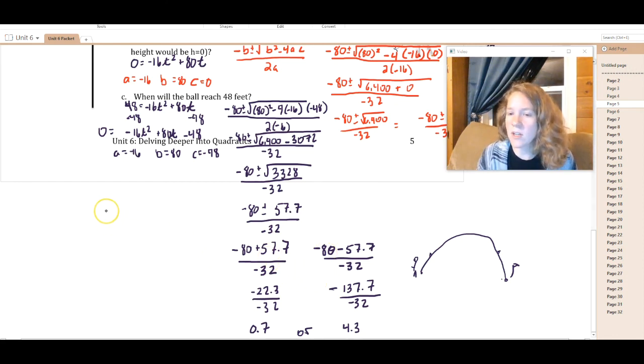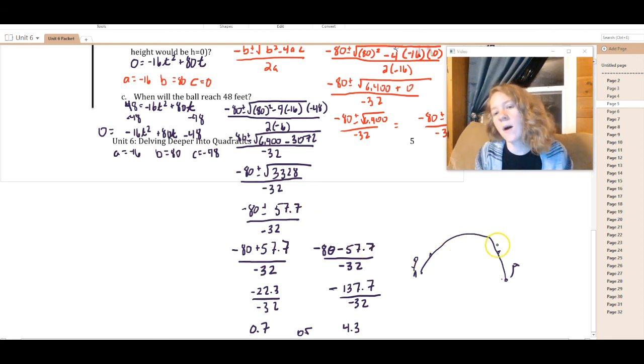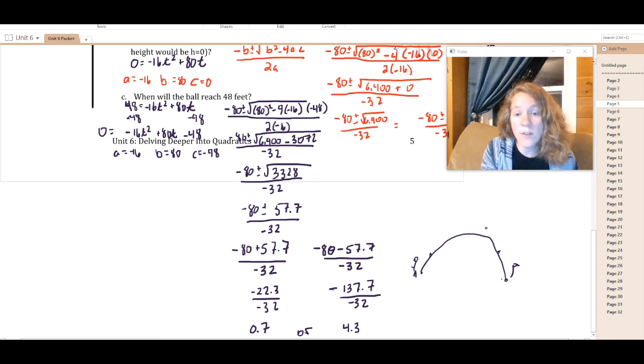Sometimes it'll be more clear, like if this were a basketball and I wanted to know when it will hit the 10-foot goal, then clearly I'm looking for that second time, because the basketball would hit 10 feet, go up, and then hit 10 feet again when it actually goes in the goal. Other cases I might want to know the first time. So you've just got to read the problem, and if you're not sure, then give both answers, because they both make sense.